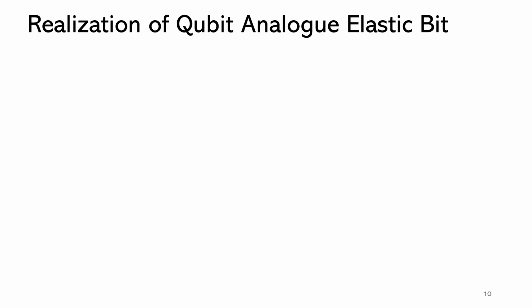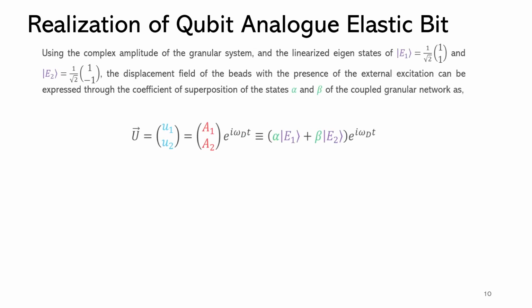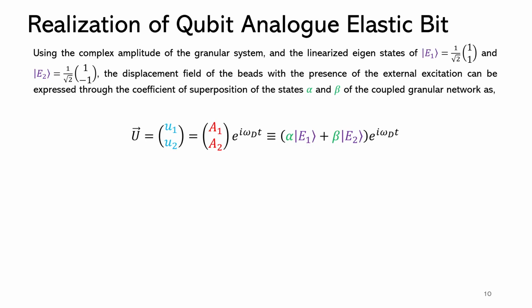Now this is the most important part. We are implementing our classical granular vibrational model into the quantum superposition of states model. So using this complex amplitude, we have a1 and a2. We can get the linearized eigenstates e1 and e2, and then we use the displacement field of the beads in the presence of the external excitation, and we can write the displacement equation of motion in this form.